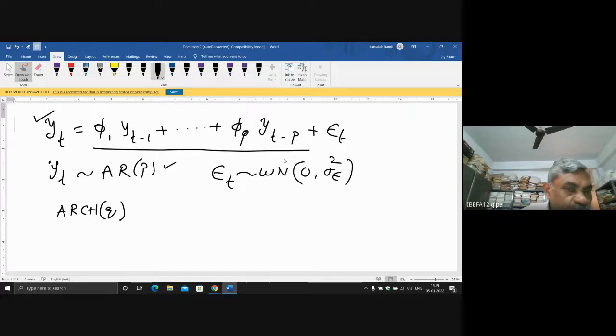But where do you get this epsilon t hat? Follow these steps. This is your alternative hypothesis, H1.